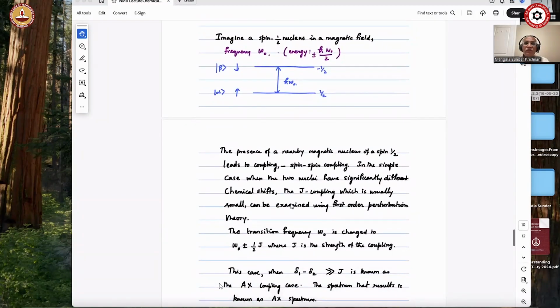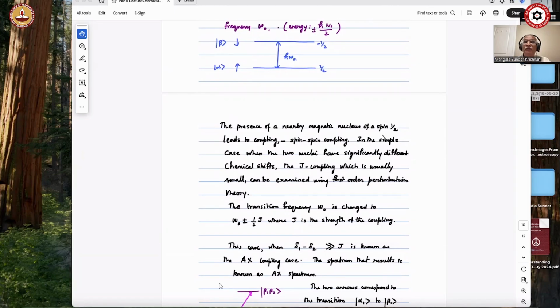Now, the presence of a nearby magnetic nucleus of spin a half leads to coupling called the spin-spin coupling. In the simple case, when the two nuclei have different chemical shifts, the J coupling is usually very small, and you can use first-order perturbation theory in quantum mechanics to understand that. First-order perturbation theory doesn't change the wave functions.